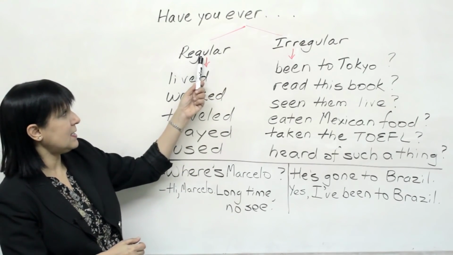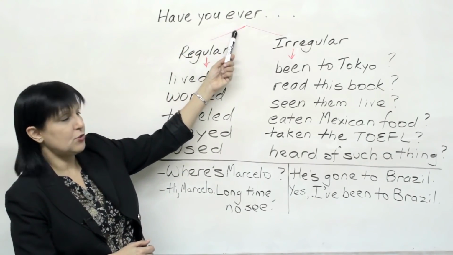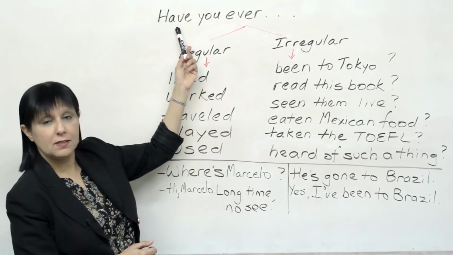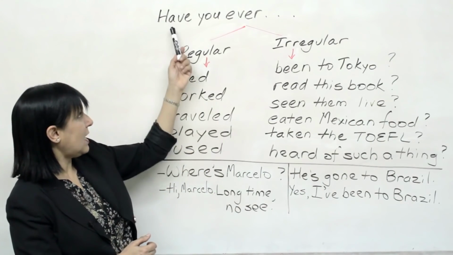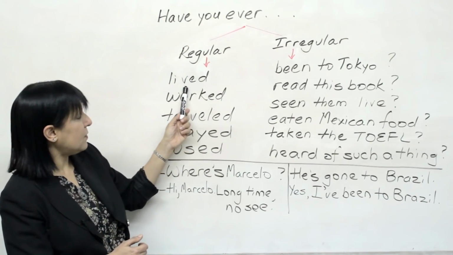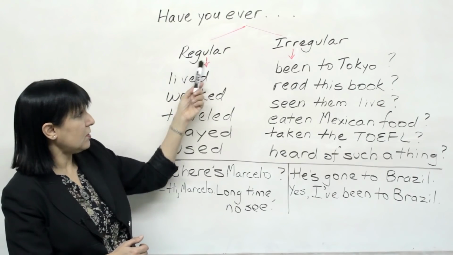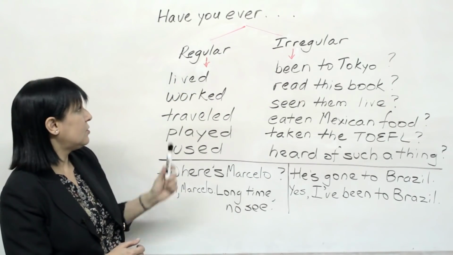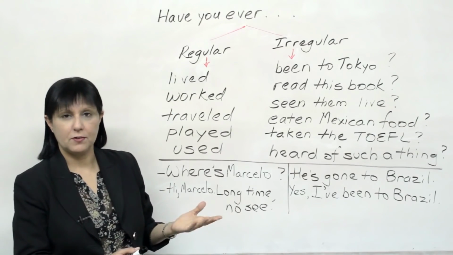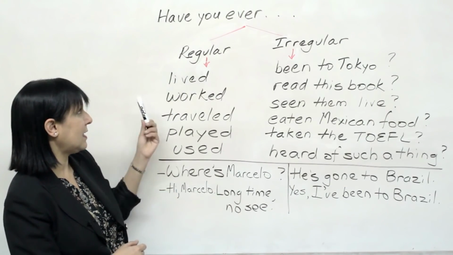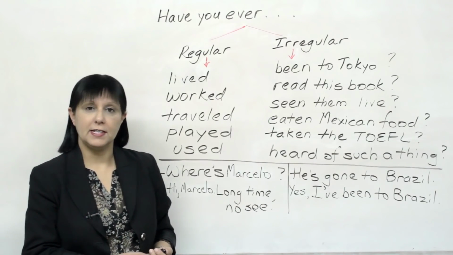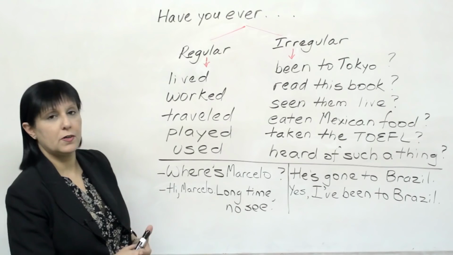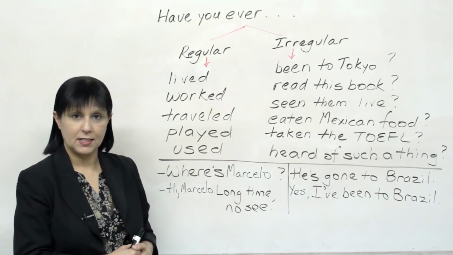Now, as you can see, even though the question starts off like this, have you ever, right? Using the present perfect, which is have. However, you could use a regular verb with it, or you could use irregular verbs with it, right? So, if you use have you ever with a regular verb, it would sound like this. Have you ever lived in Japan? Right? Have you ever worked in a large company?